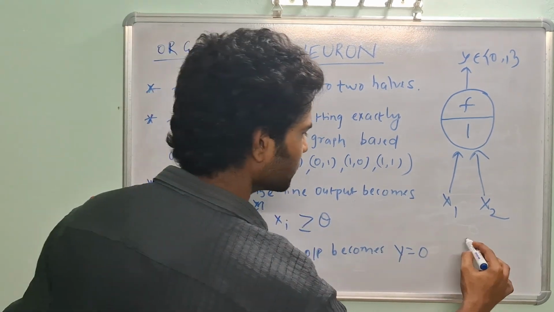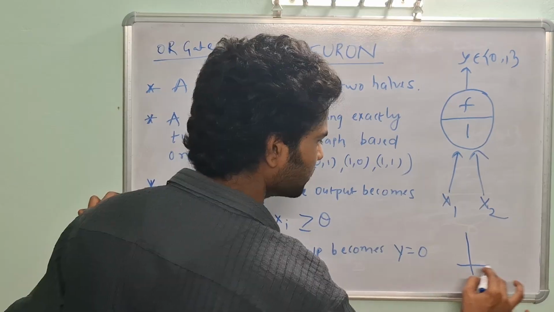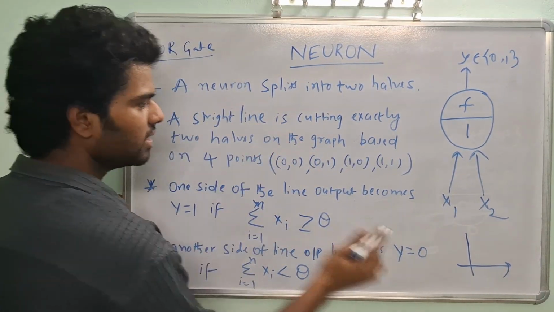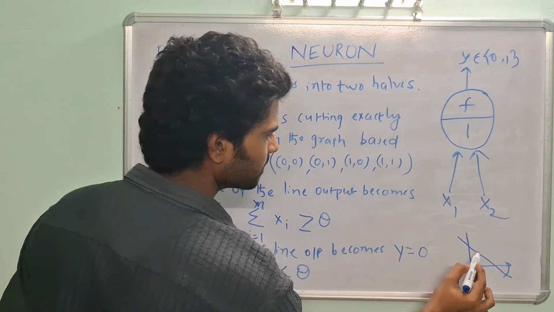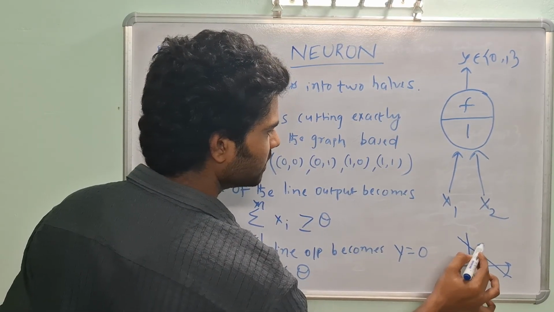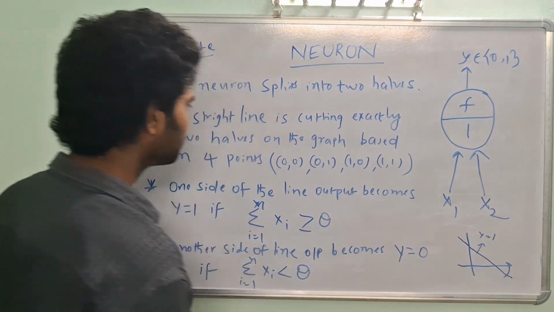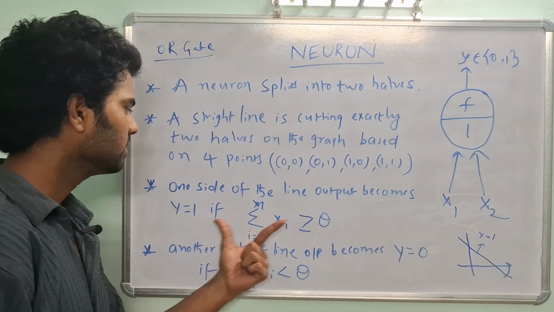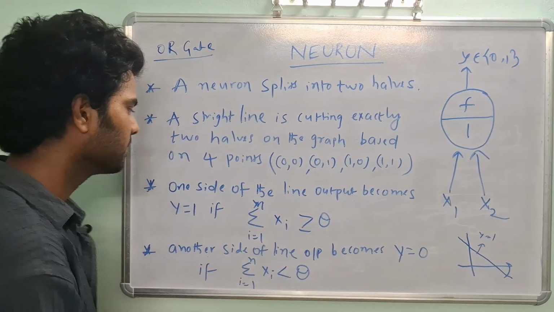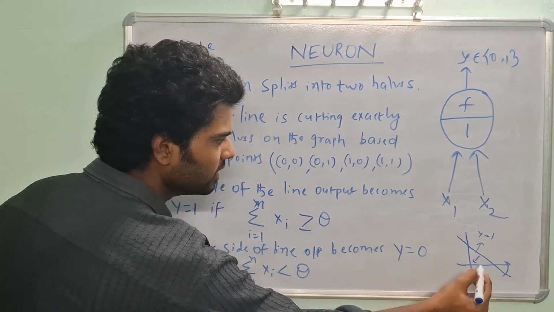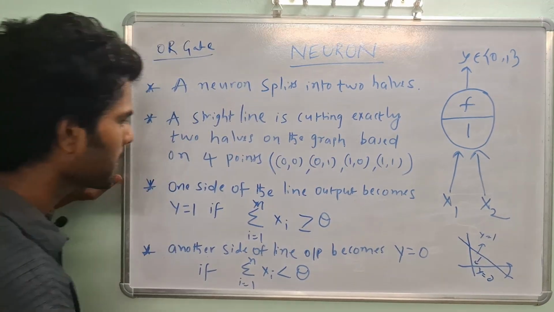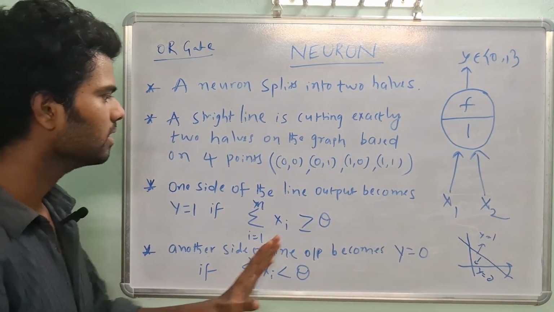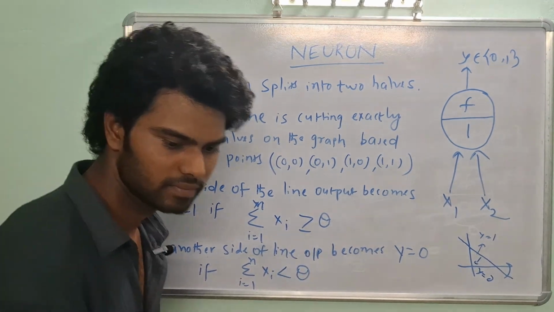For example, just roughly, I am saying this is a graph. This straight line is cutting exactly two halves. On one side of the line the output becomes 1 if this condition is satisfied, and on the other side of the line the output becomes 0 if this condition is satisfied. Now we will see.